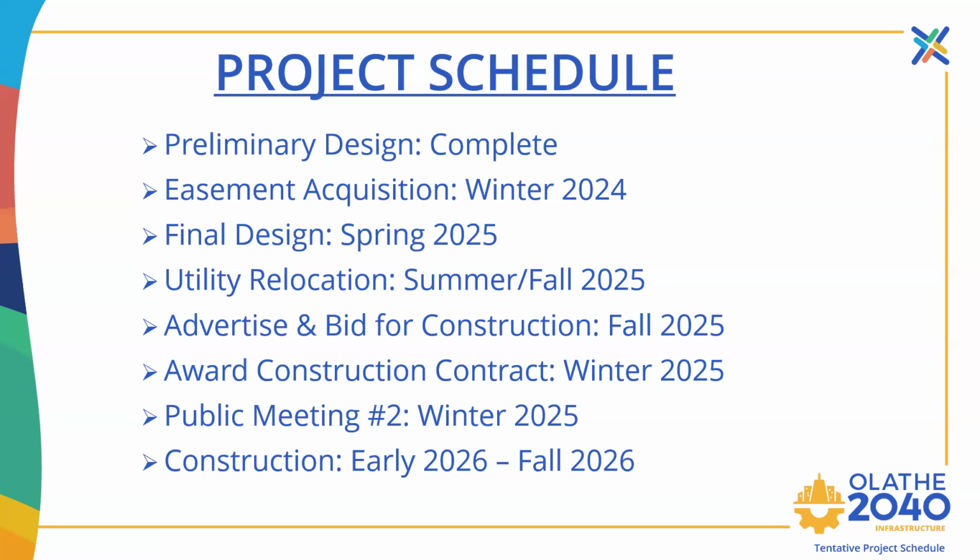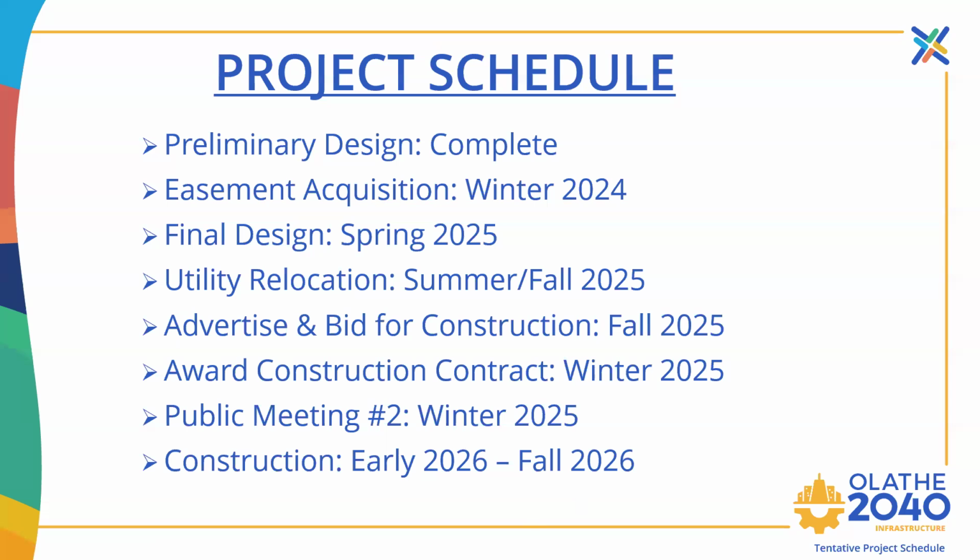Shortly after that, we'll have public meeting number 2, where we'll invite you to come meet the contractor and have a more well-defined construction schedule and sequencing. And construction will start early 2026. It will be phased.